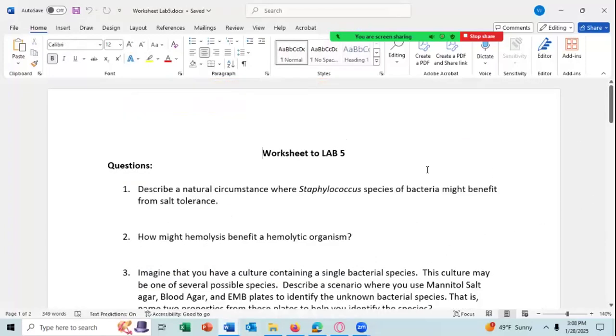The worksheet for Lab 5 is due this Saturday, 11:59 p.m. And by the way, I should mention that the first lab from last week, which I guess would be Lab 3, I have got it graded. If you did not get 100%, you may turn it in by this coming Saturday at 11:59 p.m. for full credit.